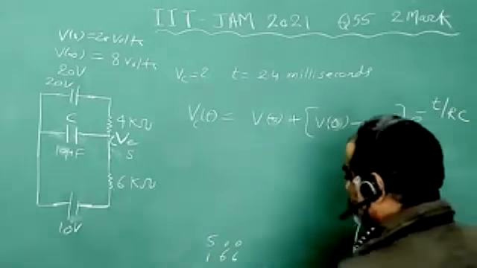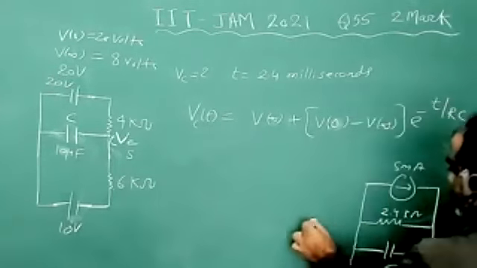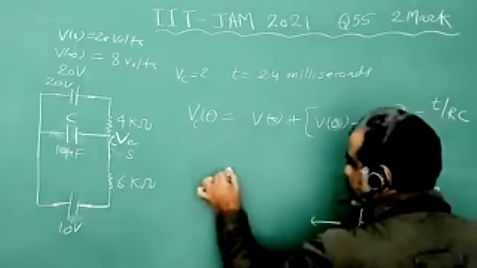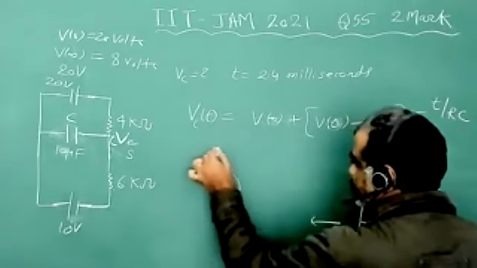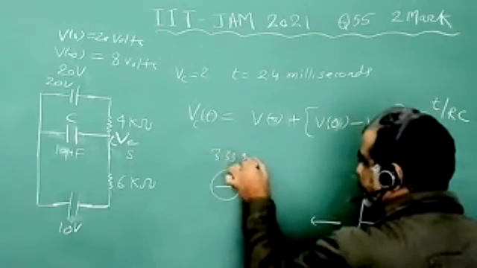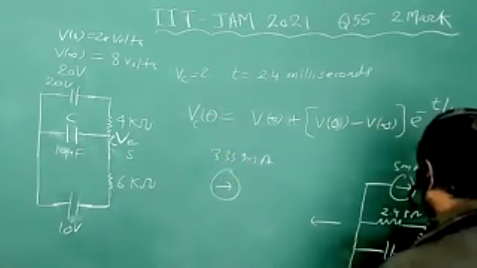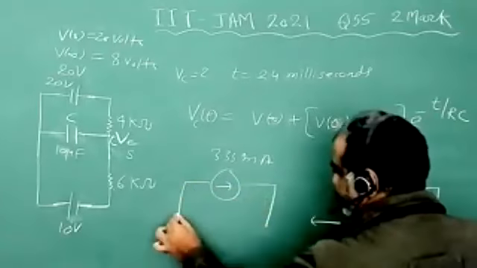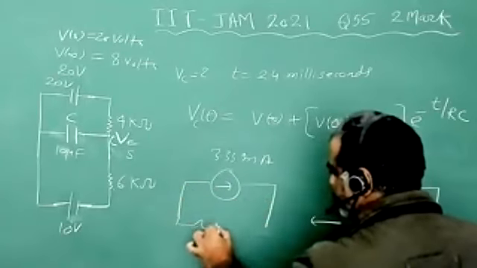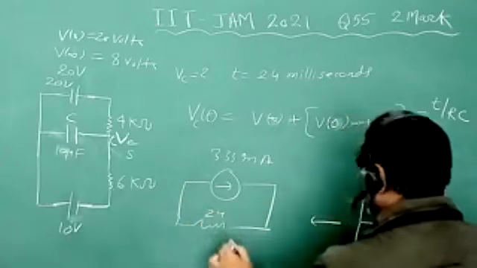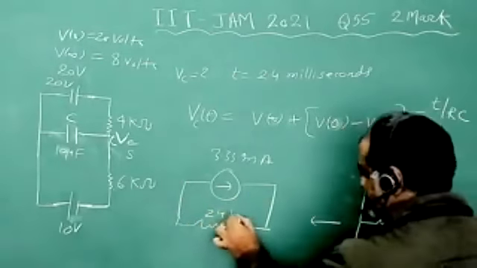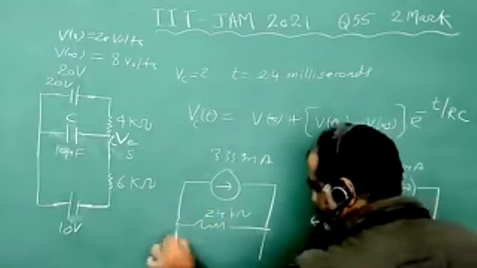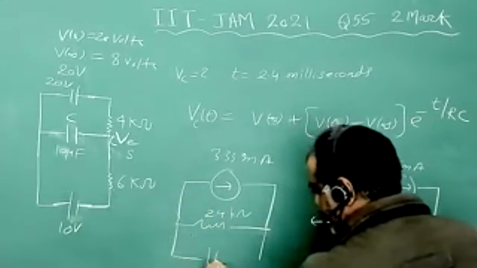So now I can redraw this circuit: my current source of 3.33 milliampere, and parallel to this a 2.4 kilo ohm resistance and a capacitor of 10 microfarads.